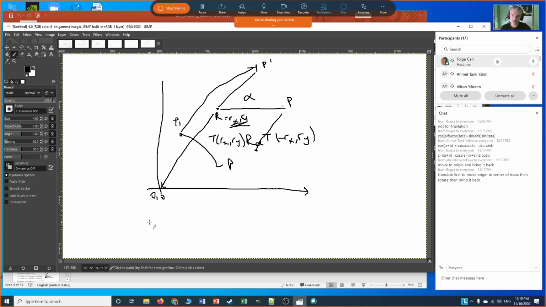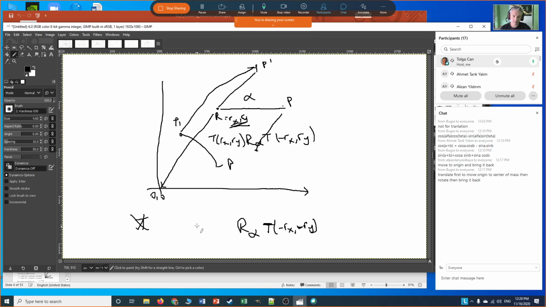So let me write these translations here like this: T minus Rx minus Ry, then rotate. Let's assume we have this R matrix, which gives me rotation around origin alpha degrees.